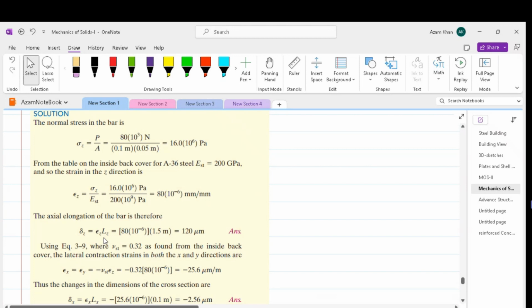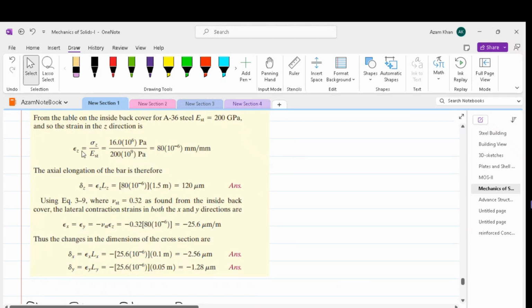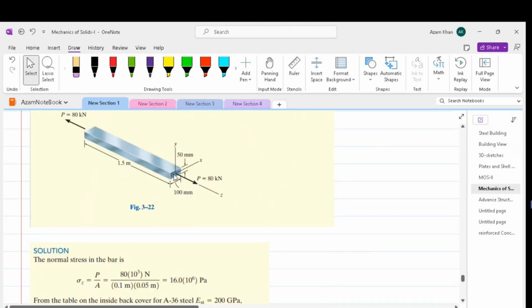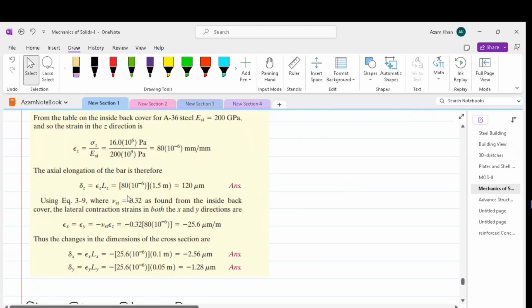And that is done over here. This strain is multiplied with 0.32 and we get the transverse strains. So there are two transverse strains because it has got two surfaces in two directions. One is in the x direction, another one is in the y direction. So both dimensions of the cross section will be reducing. The extension in the z direction is straightforward.